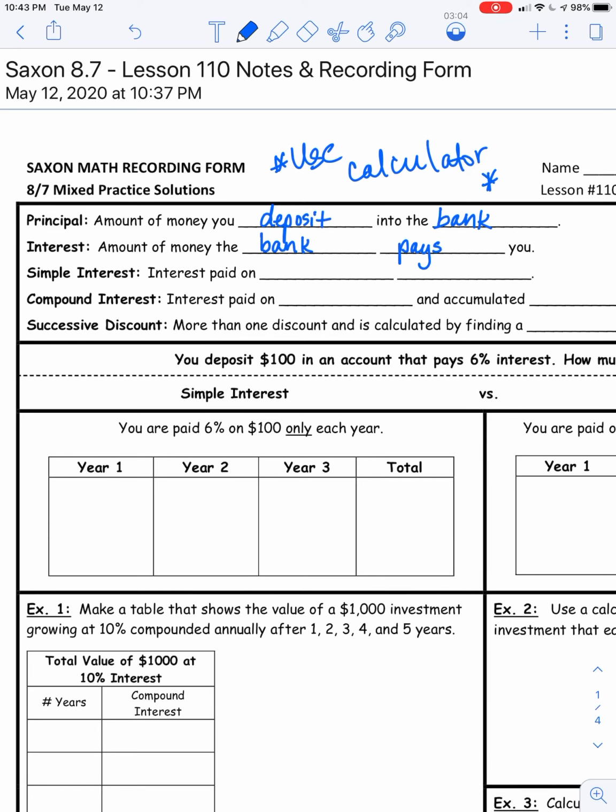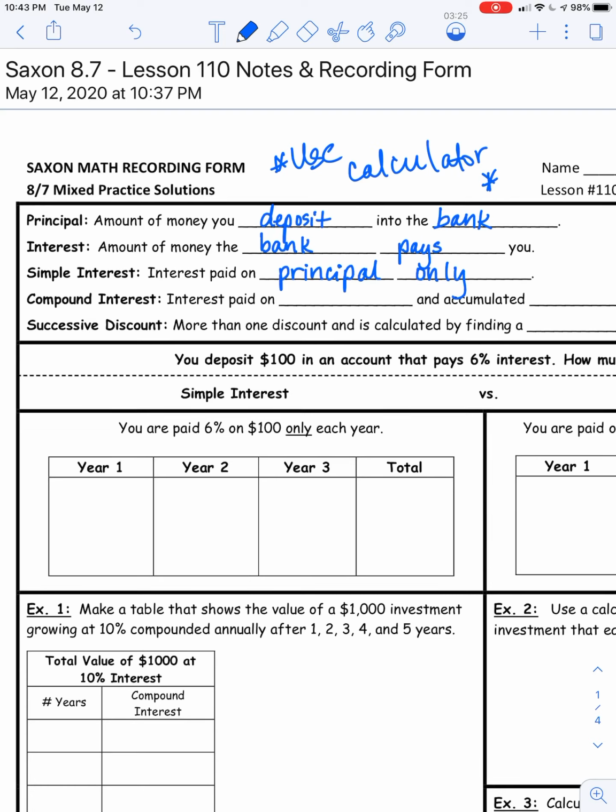So most of them will find a savings account that will pay compound interest. So let's go ahead and write in what simple interest is. Simple interest is the interest that is paid on your principal only. So what you deposit in the bank is what you're paid interest on only.